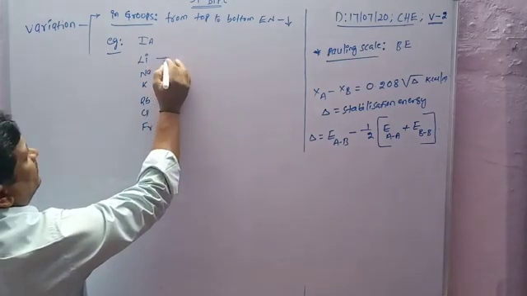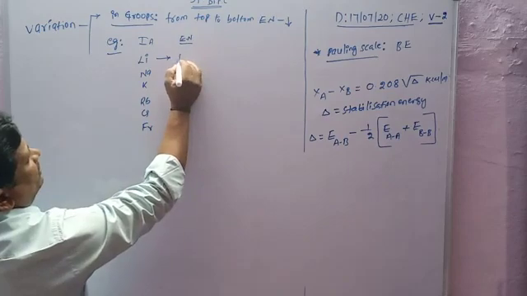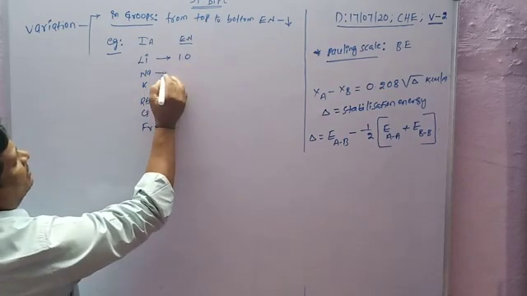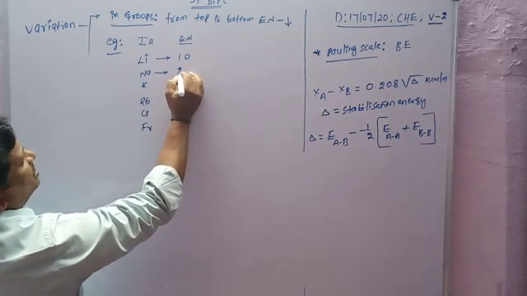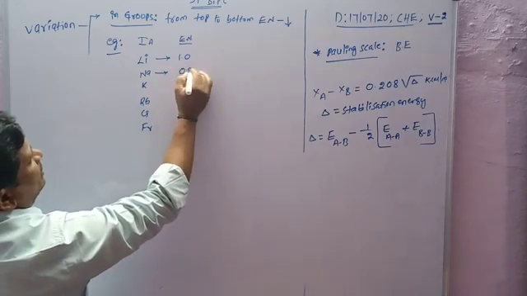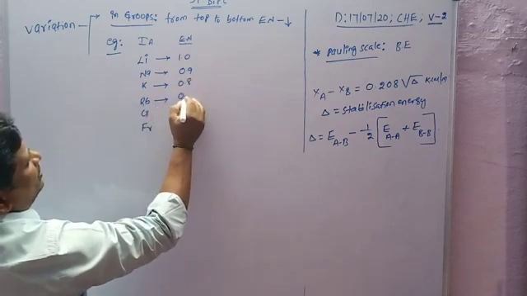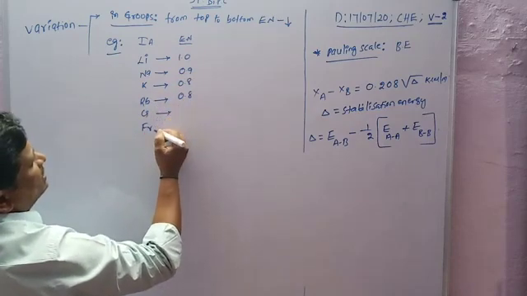So now lithium electronegativity value is 1.0. Sodium is 0.9. Potassium is 0.8. Rubidium also 0.8.